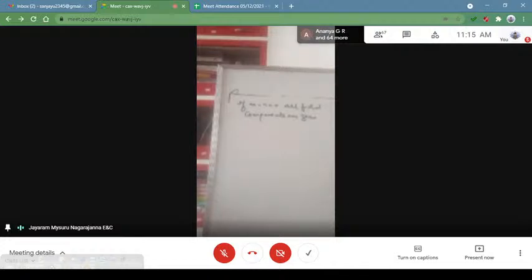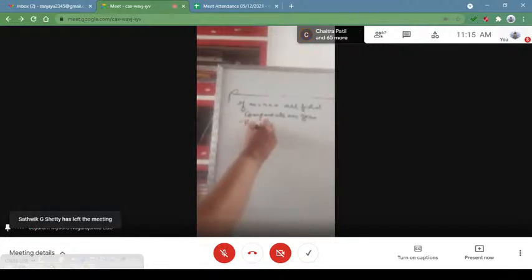Where there is a cos function it will be 1, but the sine function will vanish. So the product, the resultant, will be 0. So this is not possible.